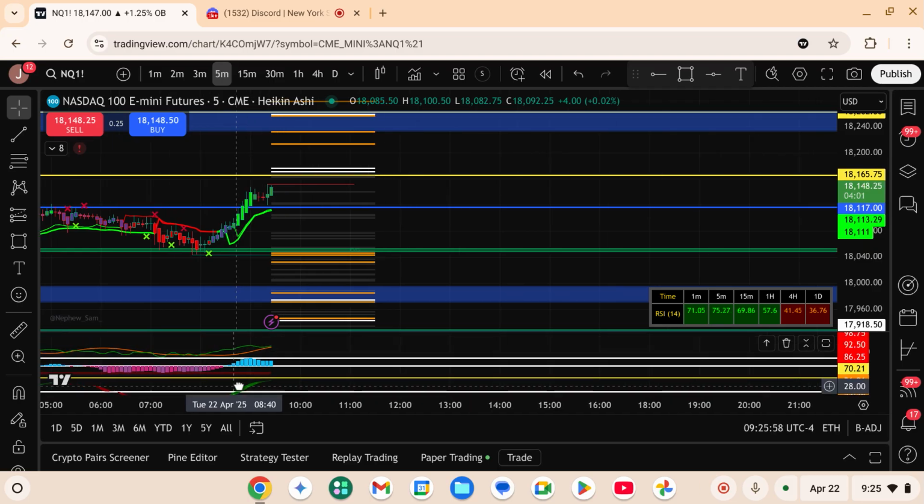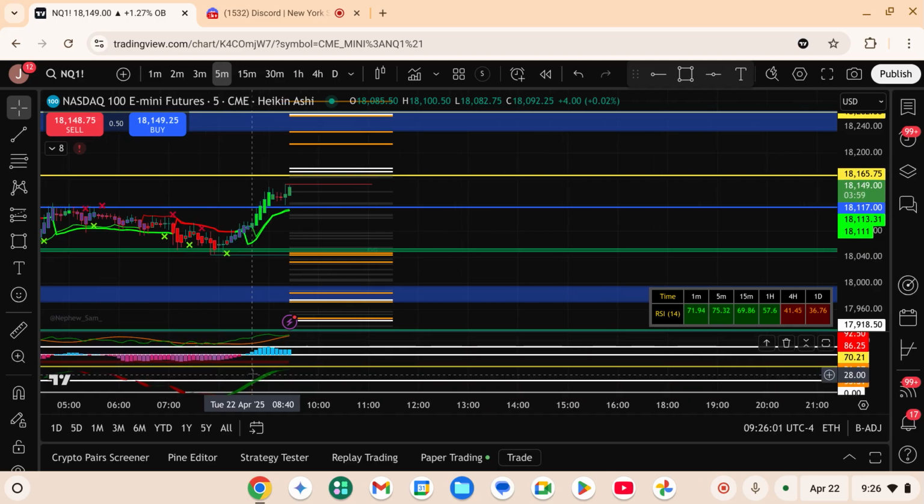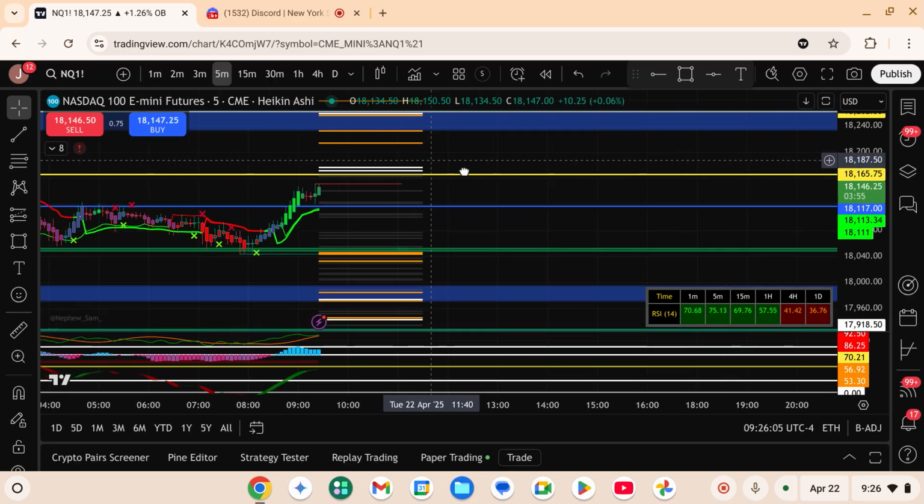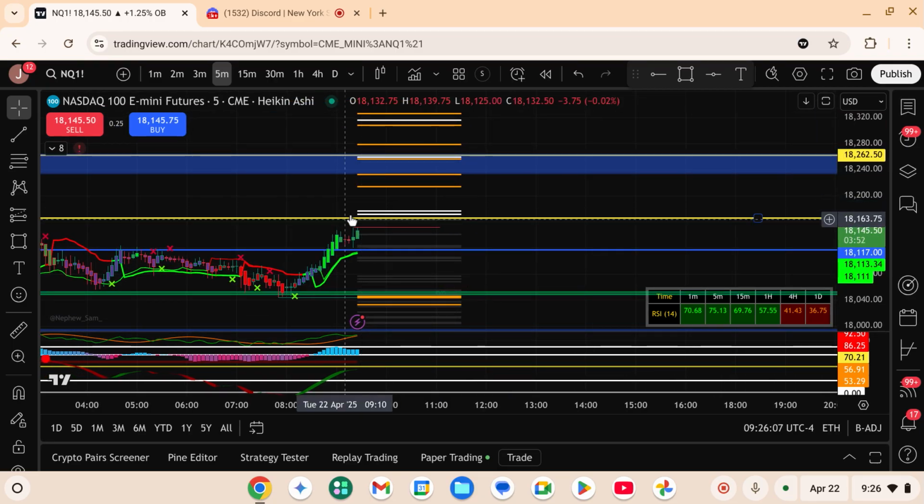I think I put my settings in the indicator room. As long as you got liquidity up there, it really shouldn't be off by anything. Mine should match what yours look like. The colors and stuff might be different, but the levels should be the same, because liquidity is liquidity.